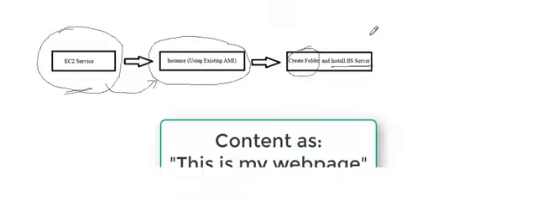After creation of the web page, we will be creating an AMI of the whole instance, known as the Amazon Machine Image.